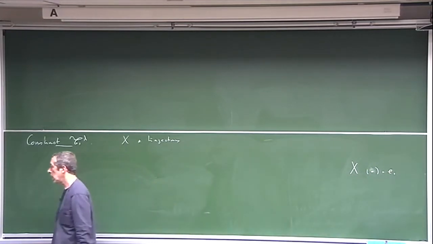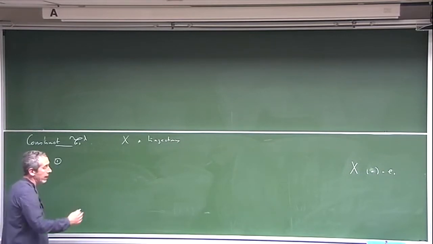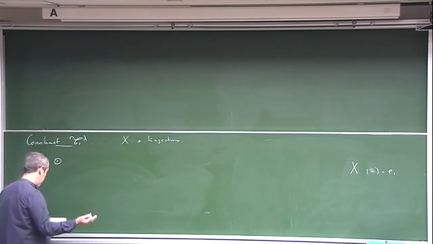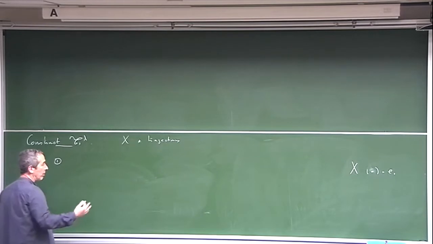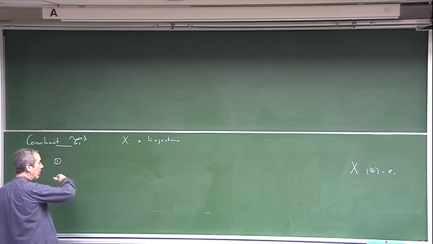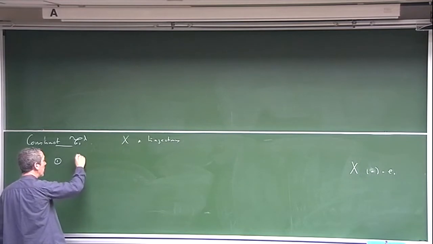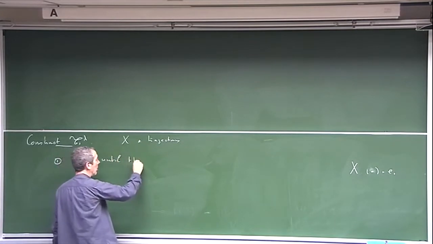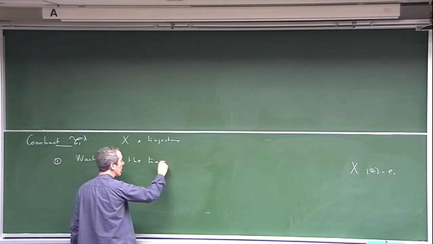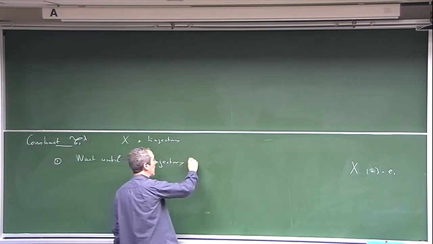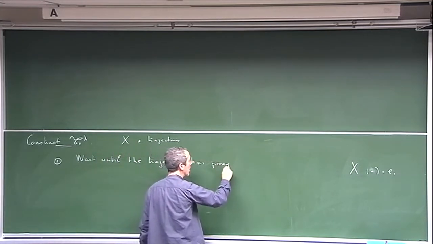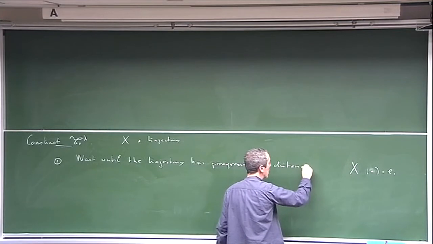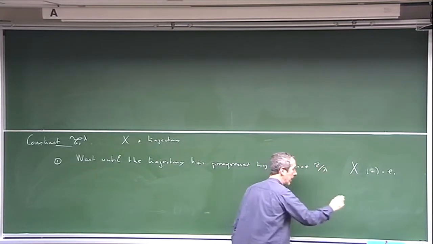So first thing, you wait until X in the direction E1 has progressed by a certain length of order 1 over lambda, maybe a little bit more. So you wait until the trajectory I chose has progressed by a distance 2 over lambda in direction E1.